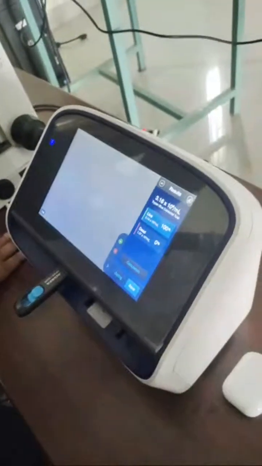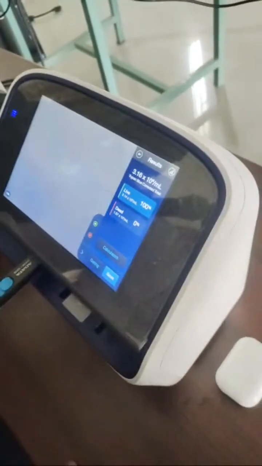You are getting a count of 3 million cells with the live percentage of 100. So this is how. Even if you are not doing your focusing properly, the count will be off. Since it's a test sample, now we are getting the reading as 100 percent with the count of 3 million cells.